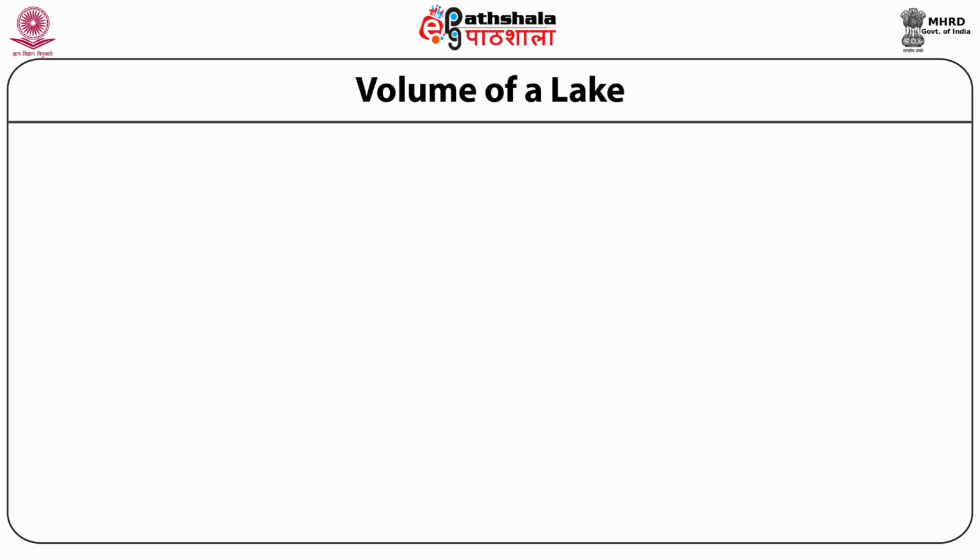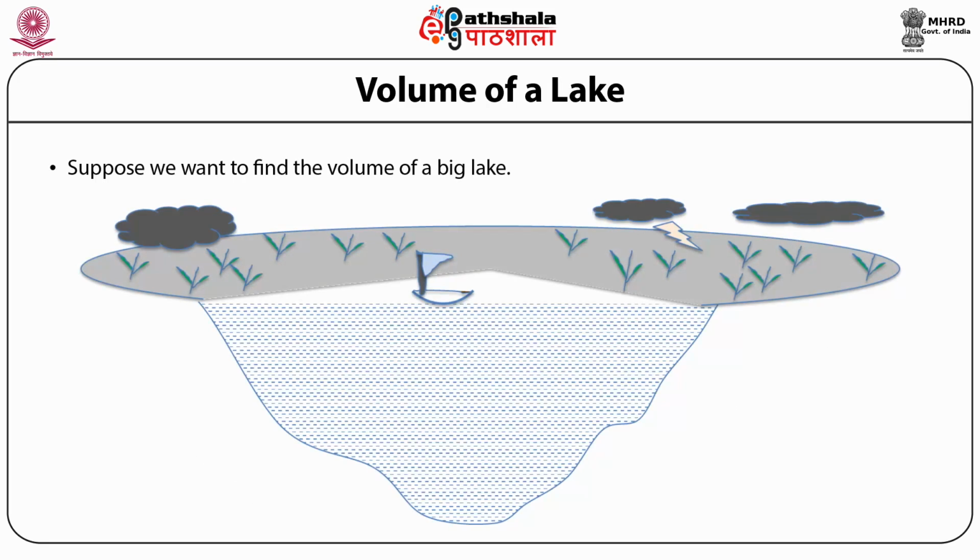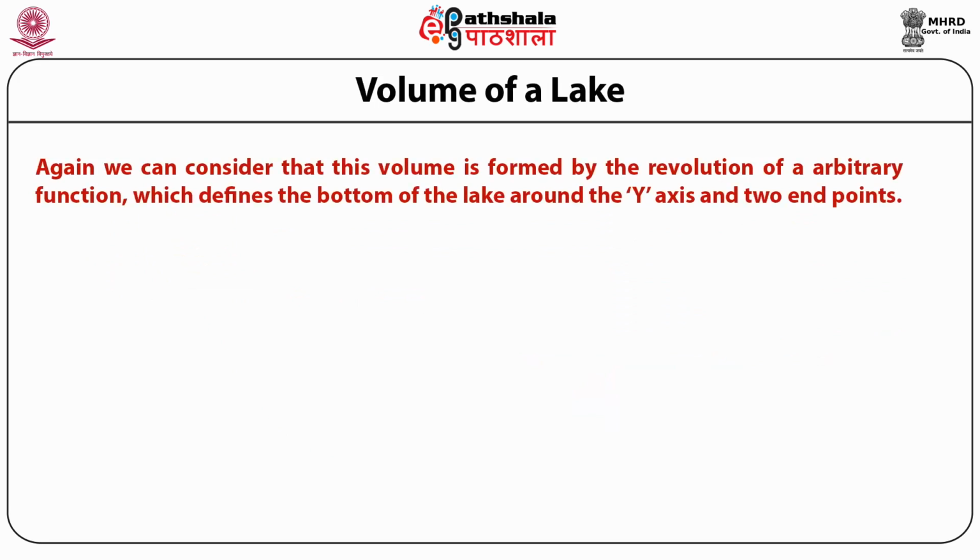Volume of a lake. Suppose we want to find the volume of a big lake as shown in the figure. Again, we consider this volume is formed by revolution of an arbitrary function which defines the bottom of the lake around the y-axis, y being the depth, and the two endpoints.